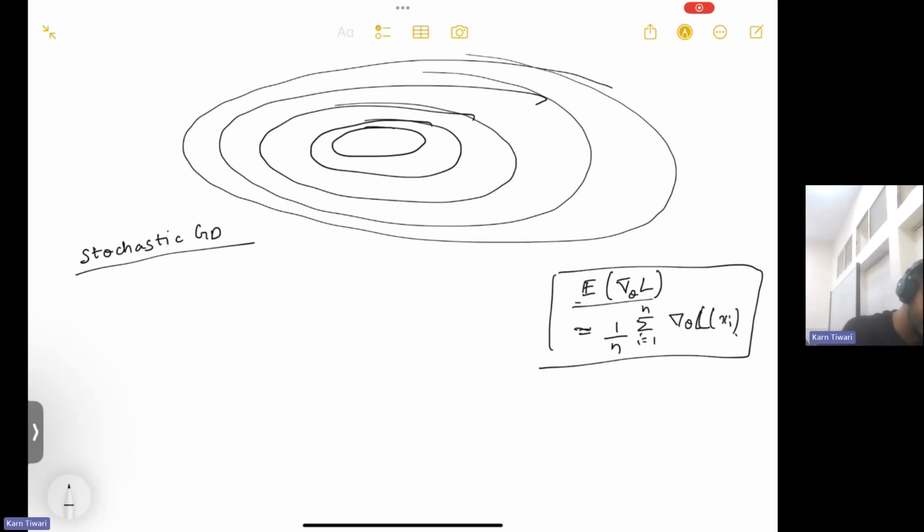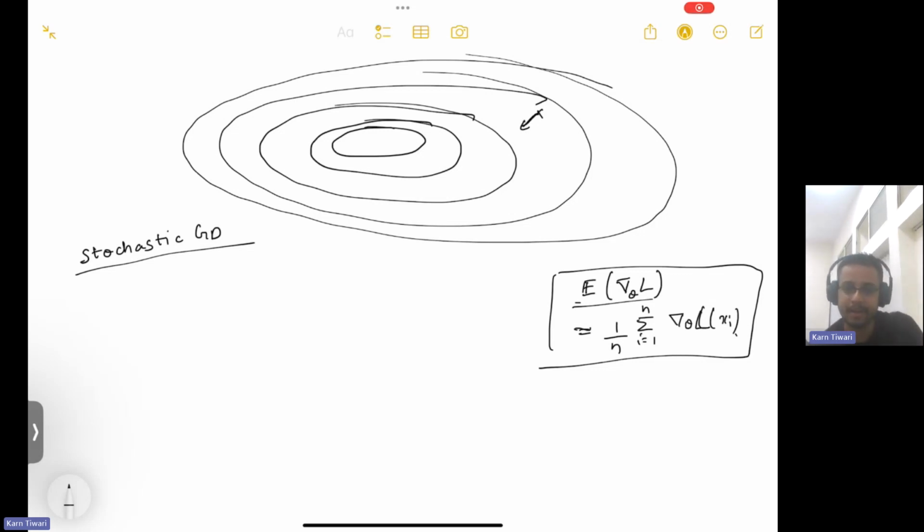If I am at a particular point, I calculate the gradient with respect to all the data points and decide my direction. But suppose I take a gradient with respect to just one data point, because 100 data points are there. In normal gradient descent, I need to compute the gradient of 100 data points, take a summation, average it, then make one update.